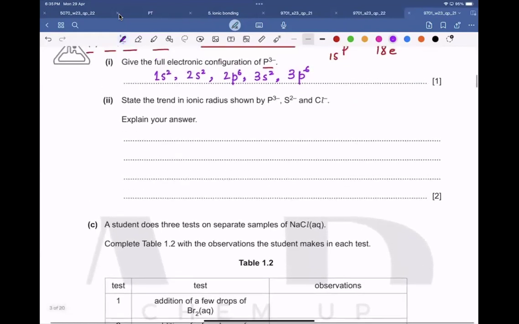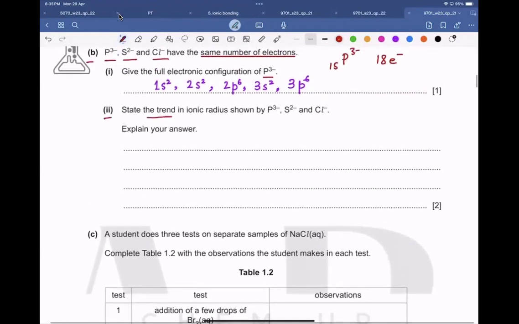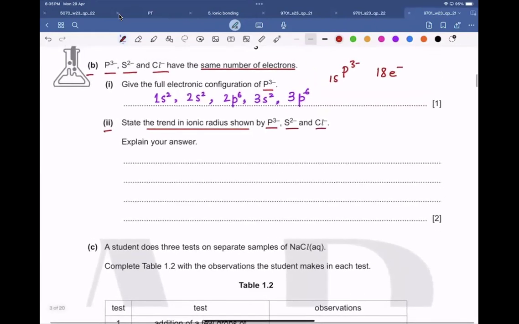Okay. Now, state the trend in ionic radius shown by phosphide, sulfide, and chloride. So if you guys recall, if this is the ionic radius of phosphide, then the ionic radius of sulfide must be lower than that, and the ionic radius of chloride even lesser than sulfide.